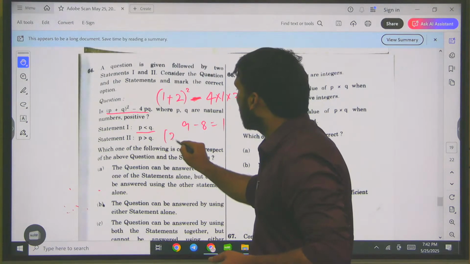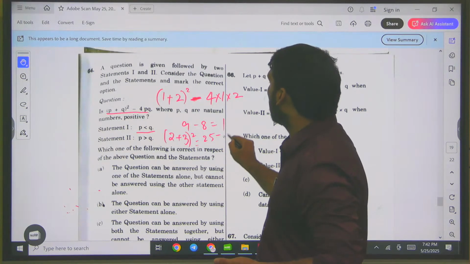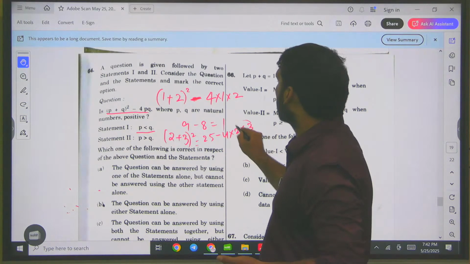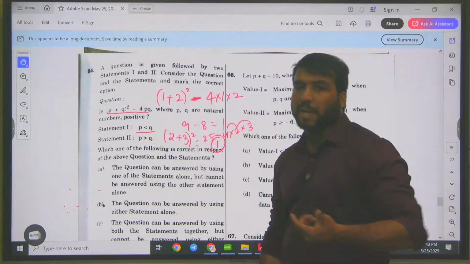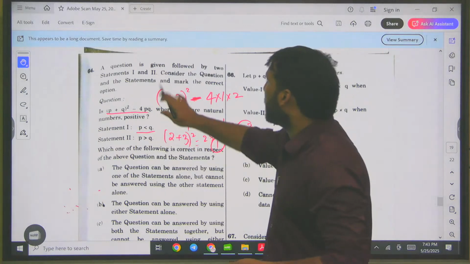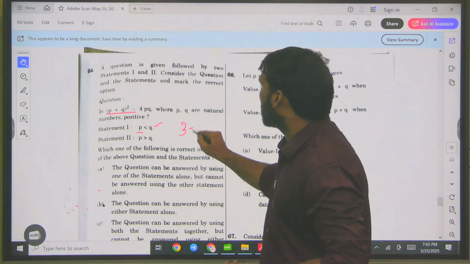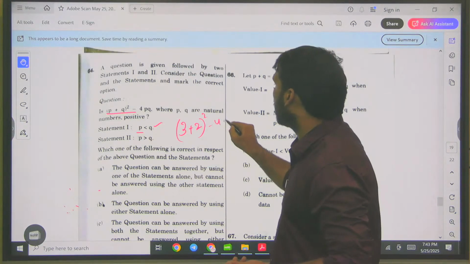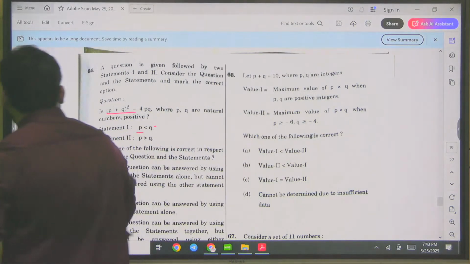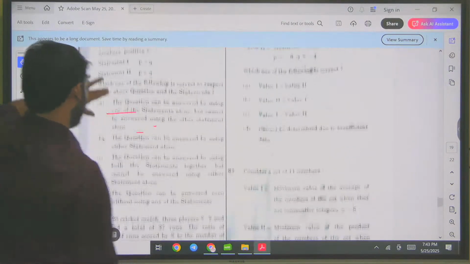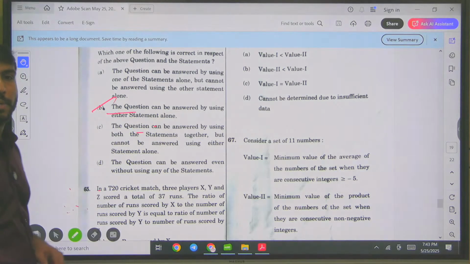If I take 2 and 3, 25 minus 4 into 2 into 3, 25 minus 24, 1. I'm getting a positive value when p is less than q. If I take p greater than q also, 3 plus 2 whole square minus 4 into 3 into 2, both are the same. So the question can be answered by either of the statements.